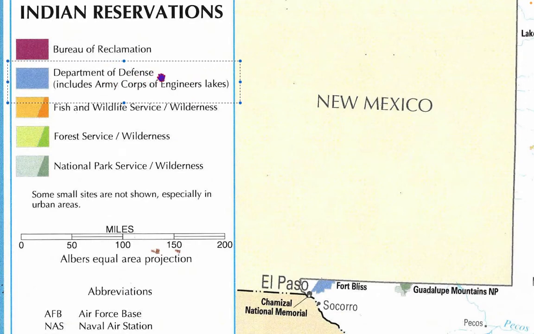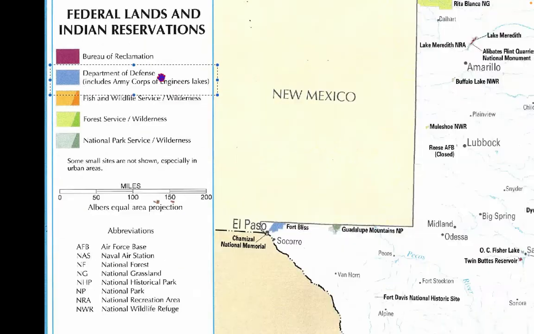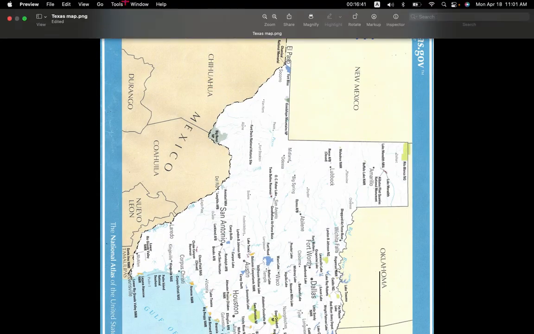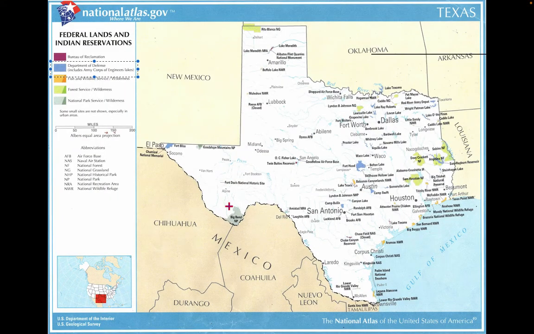It should be defense with an S, because the states did not cede any lands to the federal government to fight foreign wars. That doesn't even make sense. How would you cede lands within a state to fight for foreign wars, to fight foreign armies in other countries? Or for vengeance, because defense is a Latin word that means vengeance.